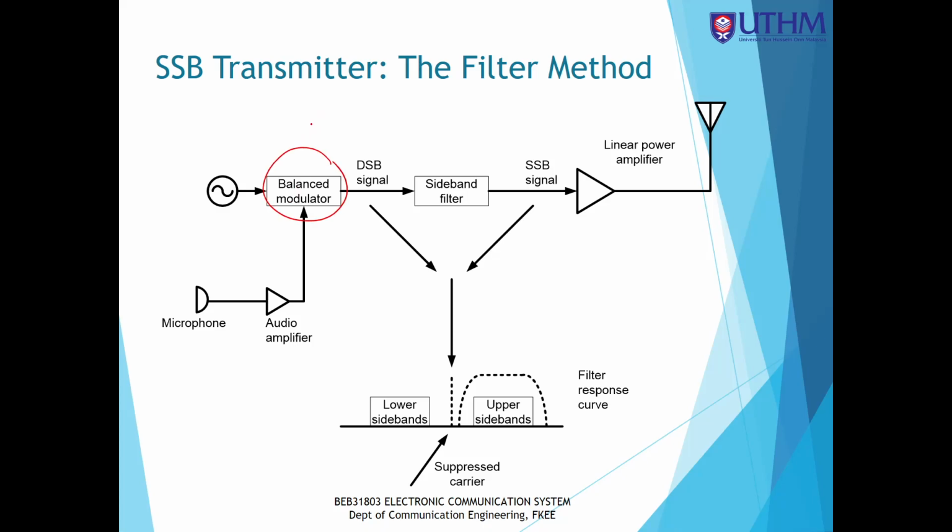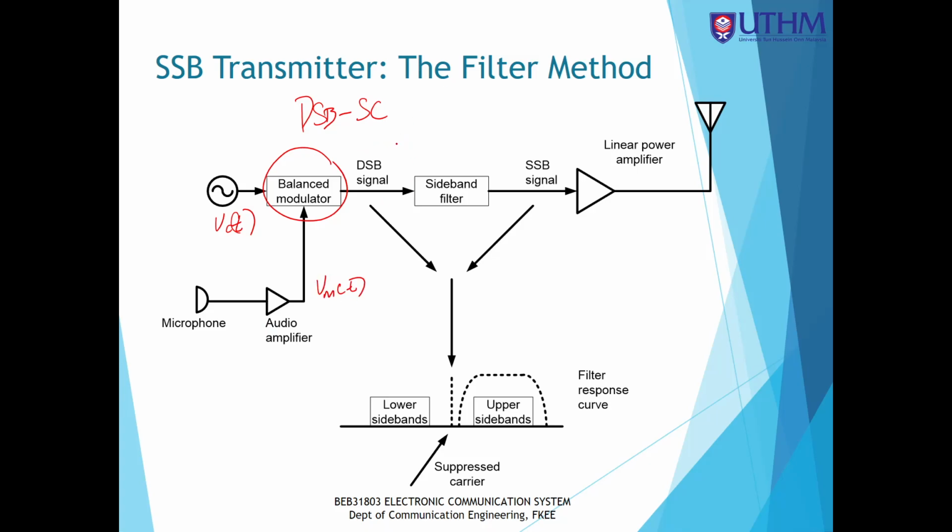Using a balance modulator, we are going to produce a DSB-SC, suppressed carrier. So this is the carrier, this is VCT, and this is VMT.